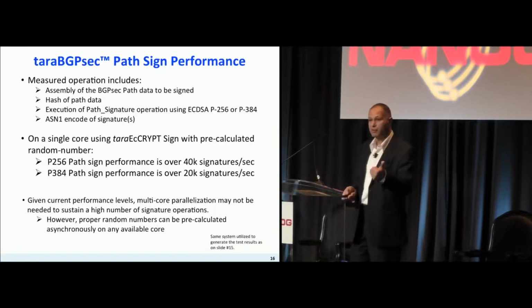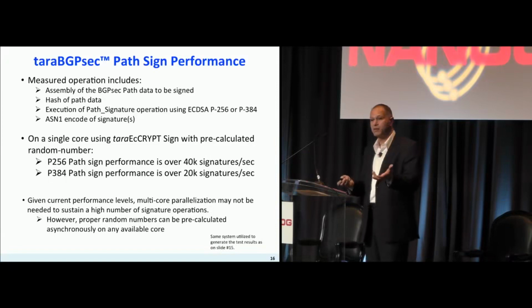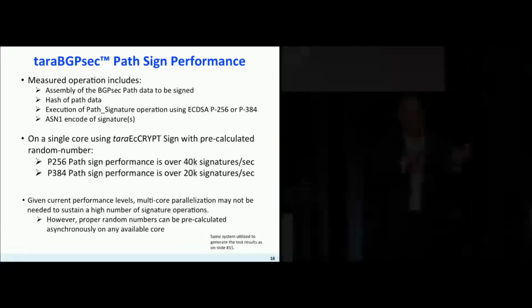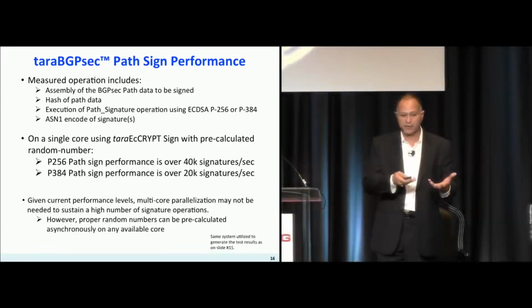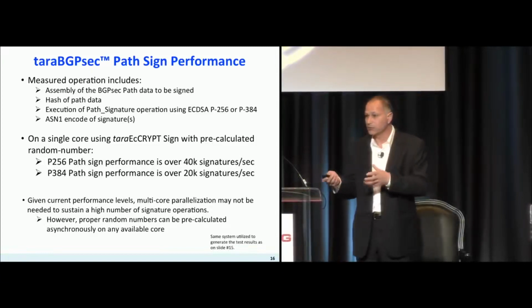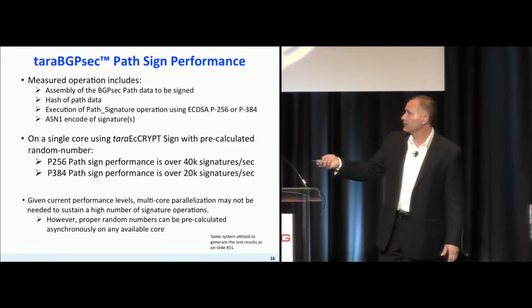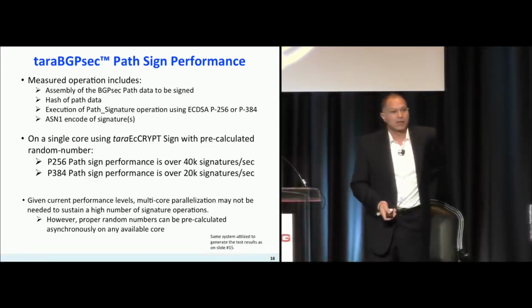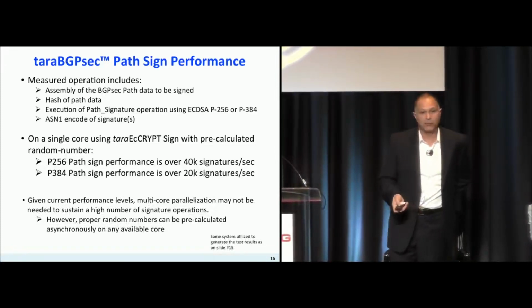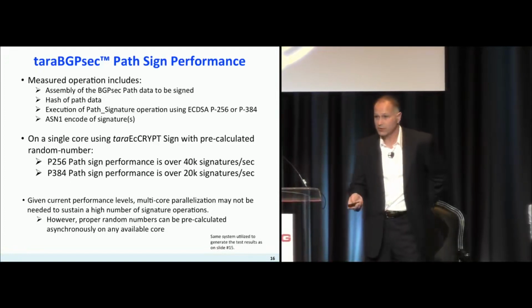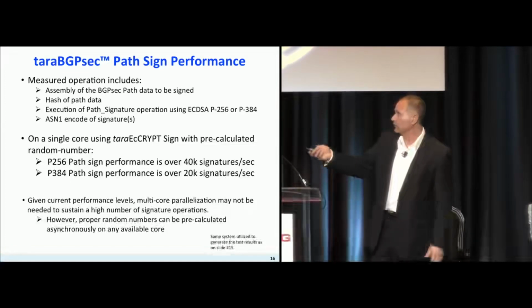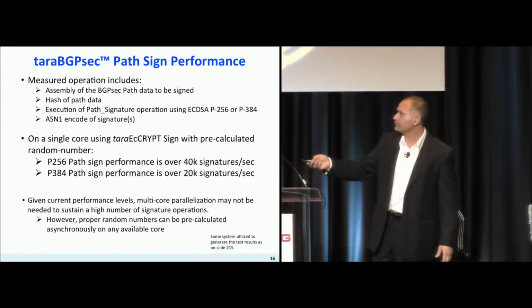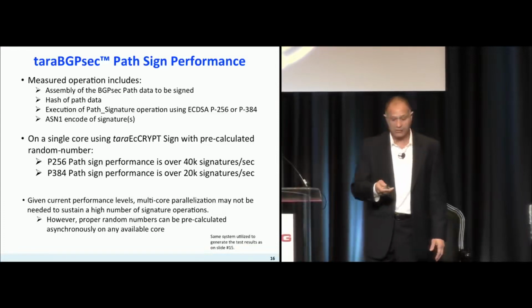You have to assemble the particular path that you're going to be taking a hash of, and then you're going to sign over it. Then you're going to encode it and put it on the wire, right? And we have done repeated tests with large data sets, and we can still maintain over 40,000 signatures per second, including all of the other elements, and then over 20,000 with P384.